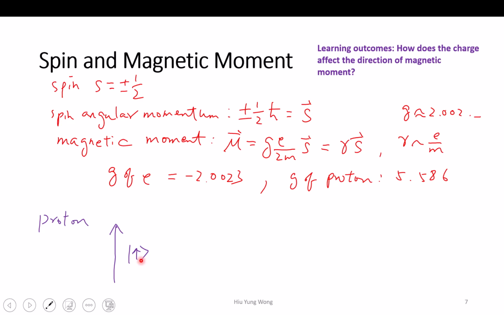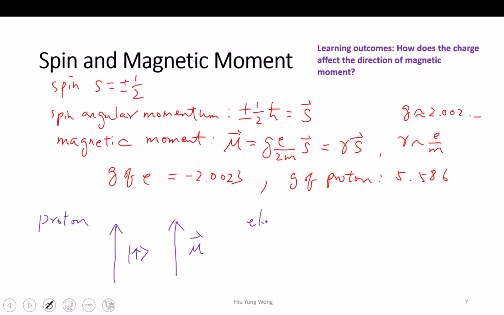Based on this equation, if the spin is up, it means the angular momentum is up. Because the g is positive, I have the magnetic moment pointing in the same direction.